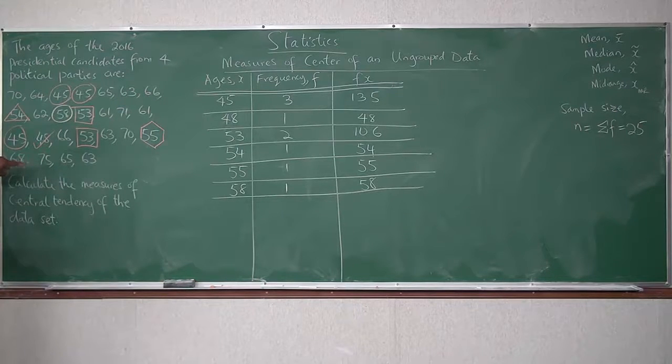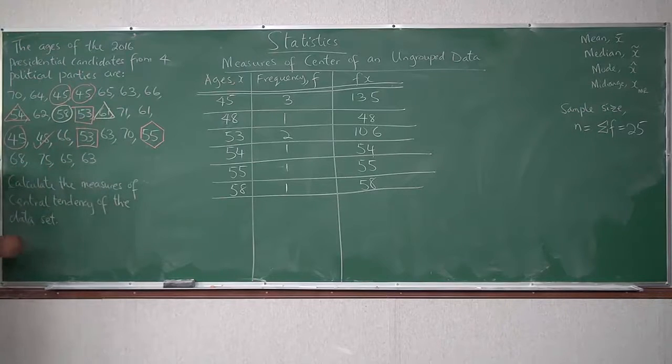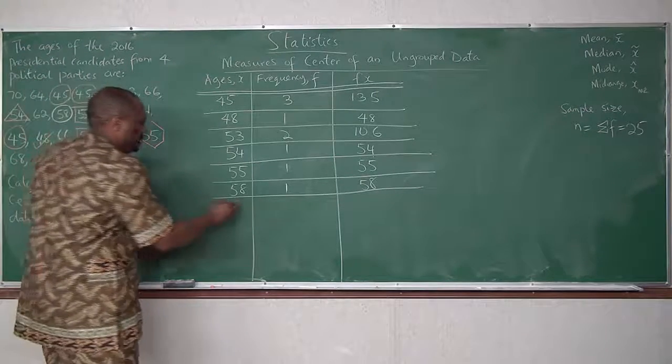We don't have 60. Now 61, yeah, we have 61. Let me use a yellow triangle here. 61 is 1.